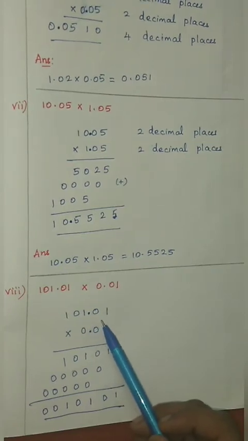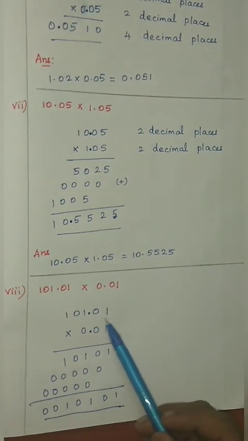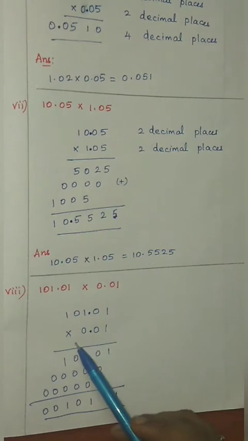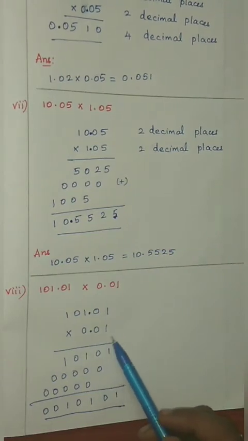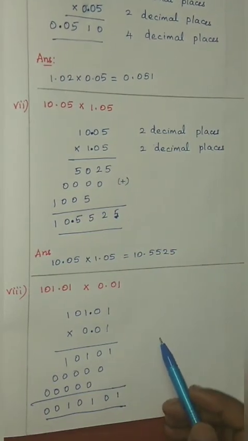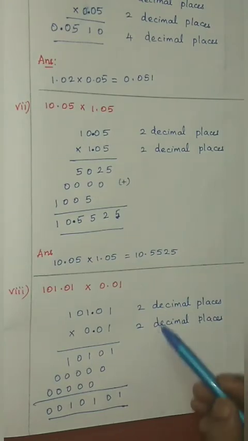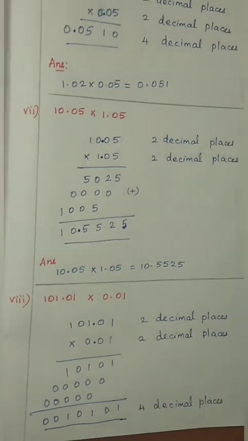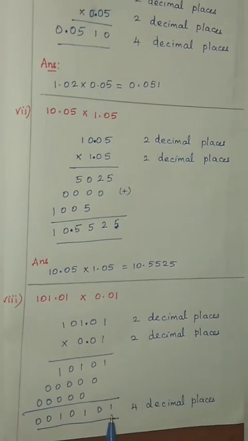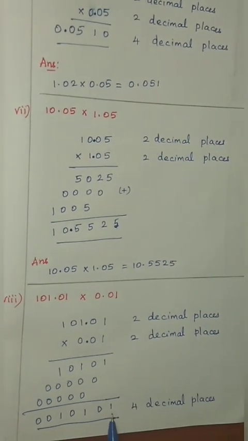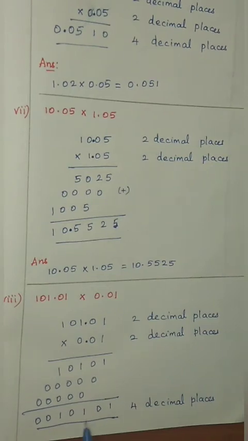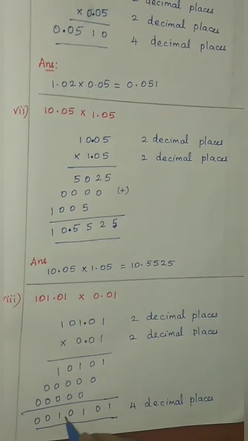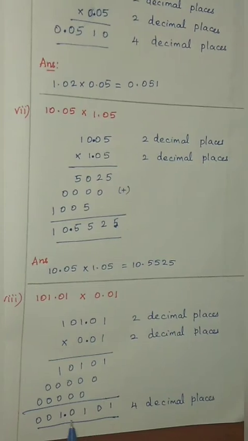So how many decimal places? The first decimal number has 2 decimal places. Similarly, the second decimal number also has 2 decimal places. So the product must have 2 plus 2, 4 decimal places. So from extreme right, leave 4 digits and keep the decimal point. 1, 2, 3, 4. So the decimal point comes between 1 and 0.